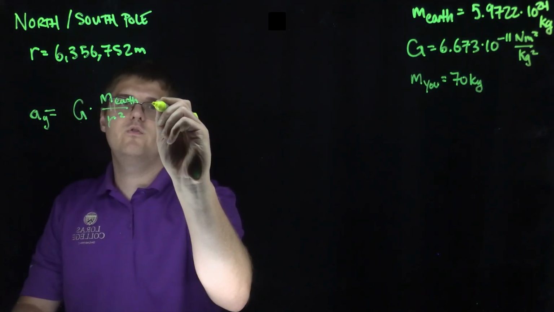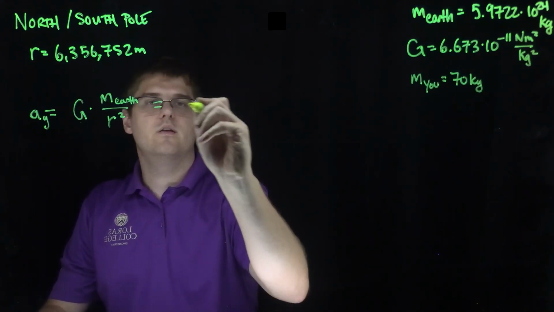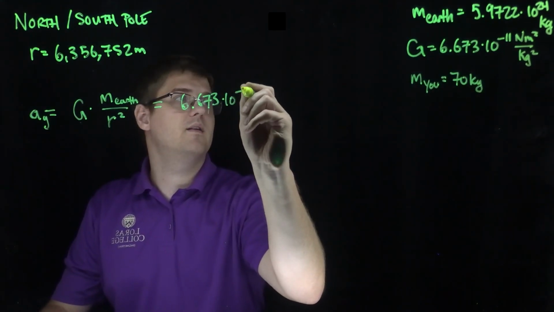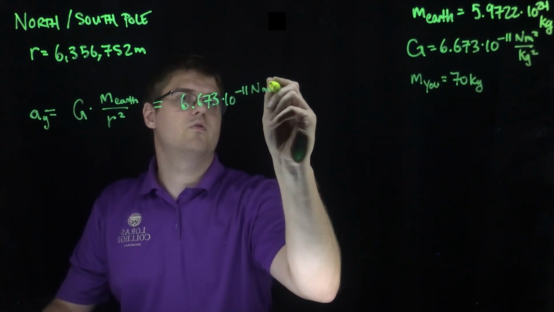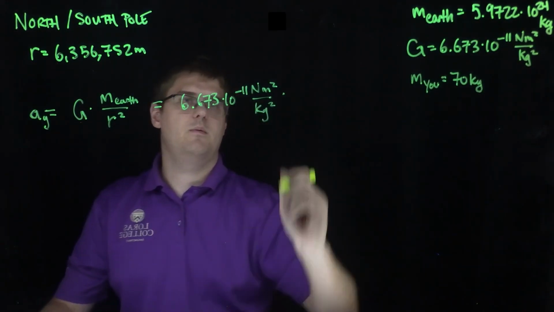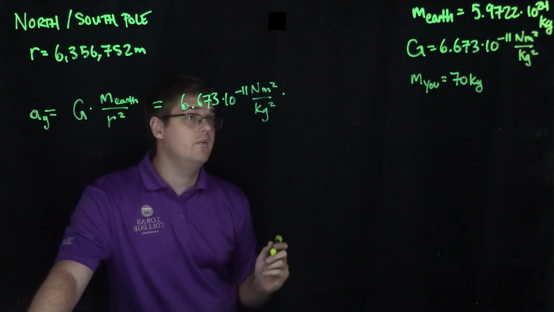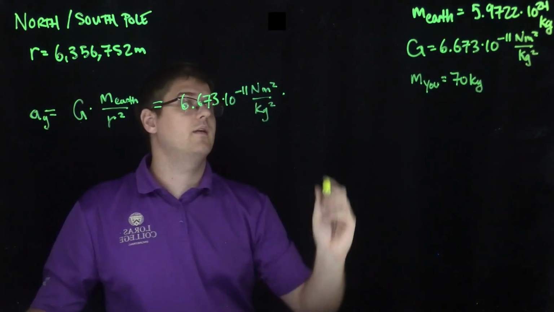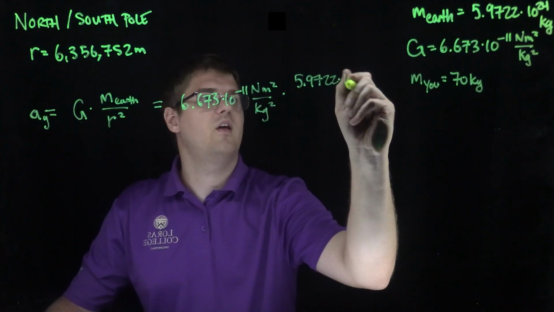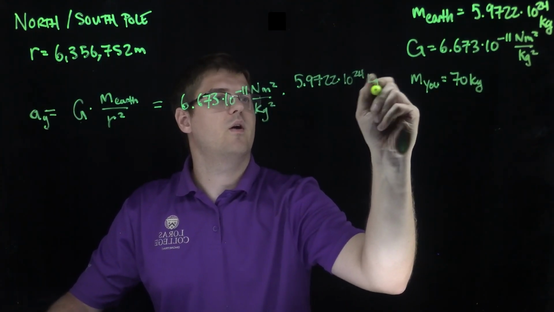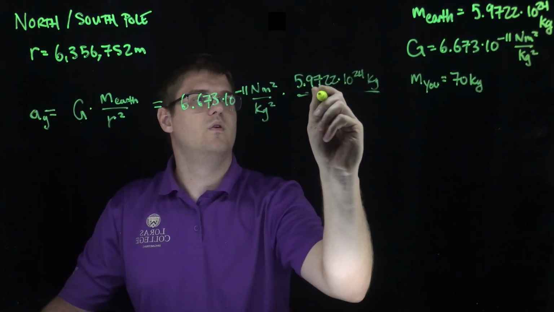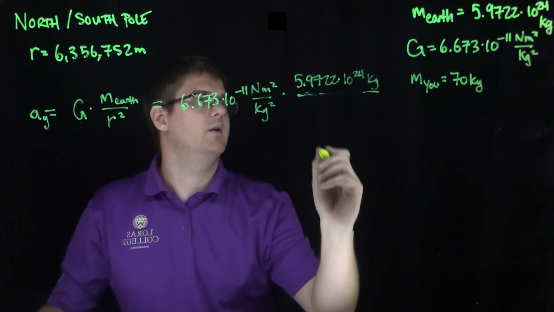So all we have to do to figure out the acceleration of gravity here is take our 6.673 times 10 to the minus 11th Newton meter squared per kilogram squared. Multiply that by the mass of the Earth, 5.9722 times 10 to the 24th kilograms. There is a line there, you'll have to trust me.